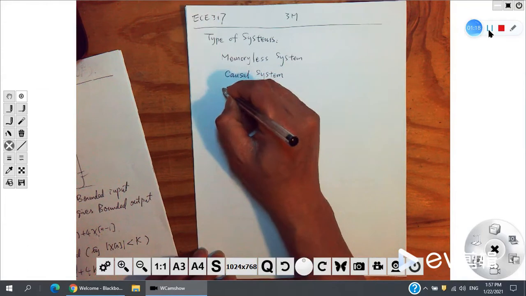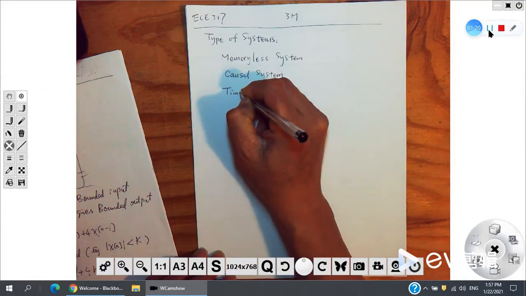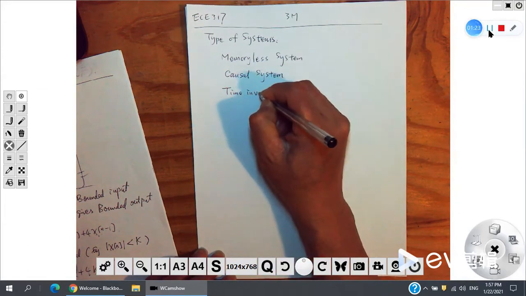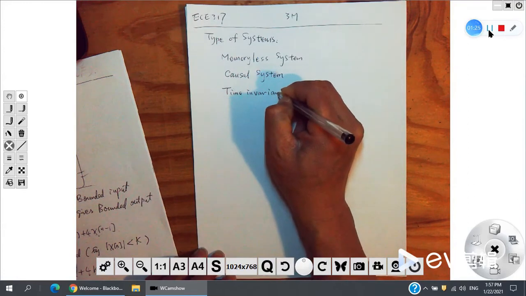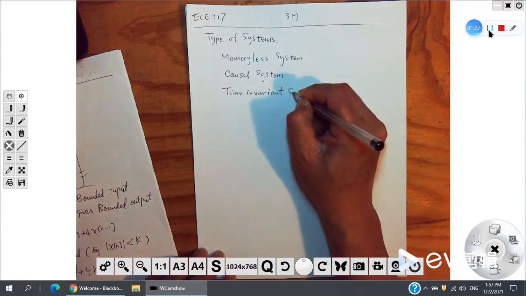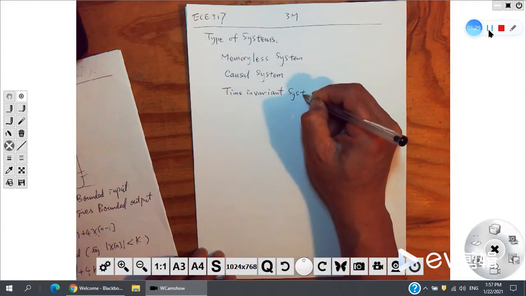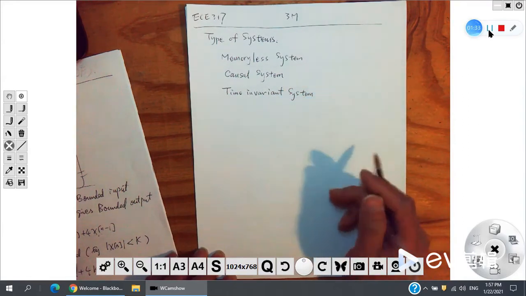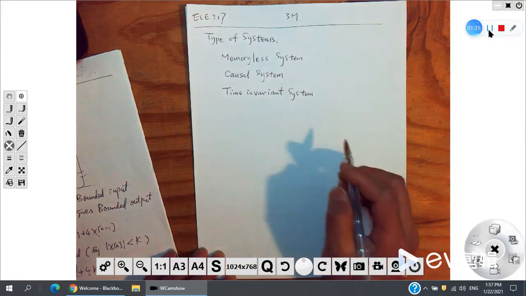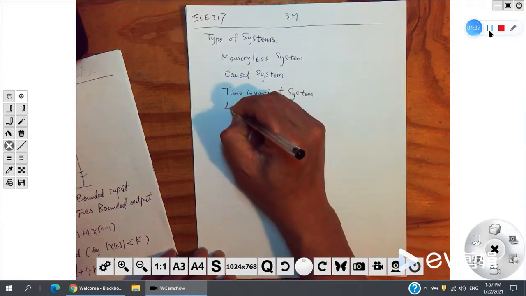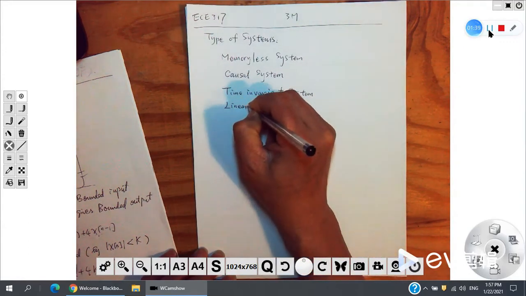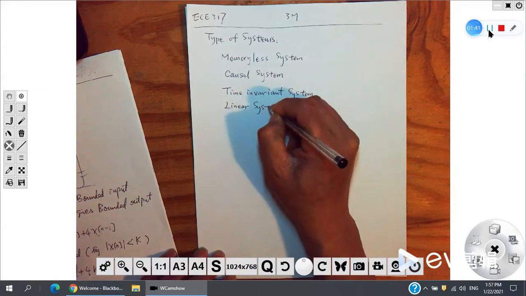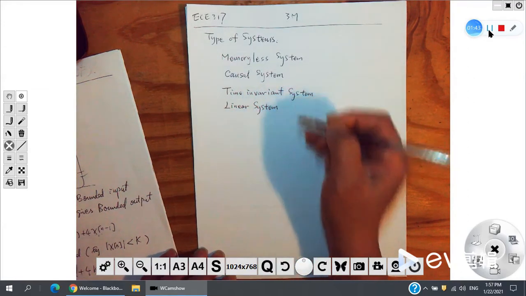And then the time invariant system. This kind of system, if you shift the input, then the output is also shifted in the same way. And then the linear system.